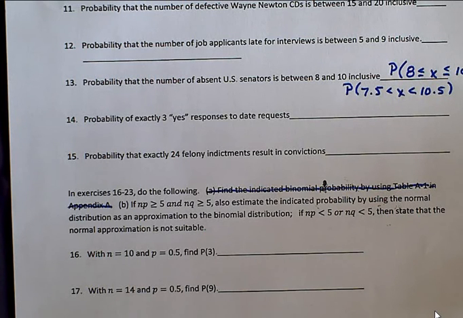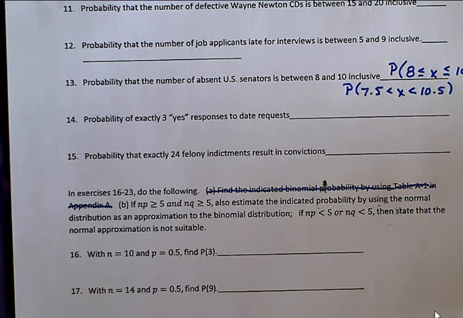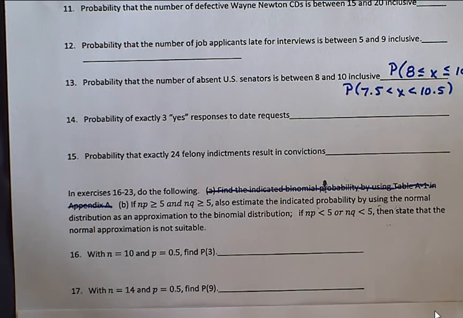Number 17, I'm going to grab a piece of scratch paper here. NP equals 14 times 0.5, which is 7.